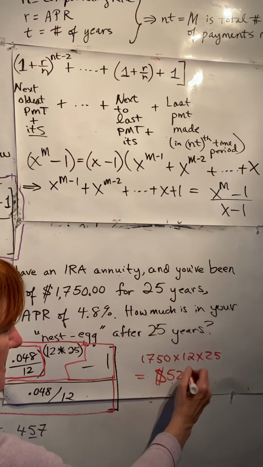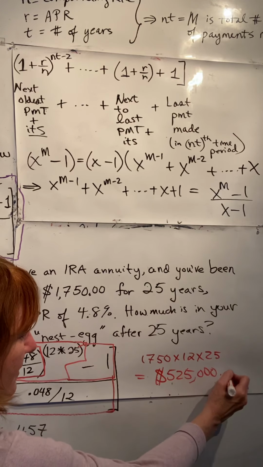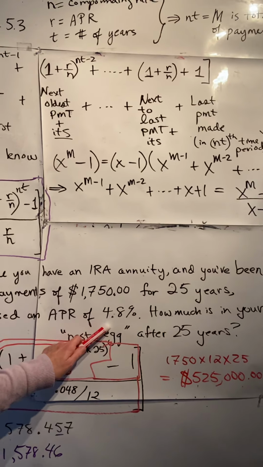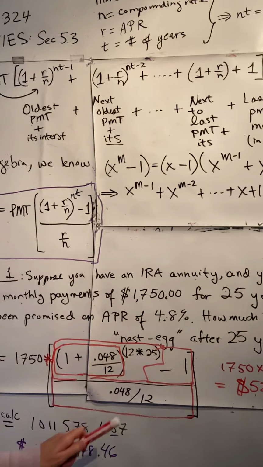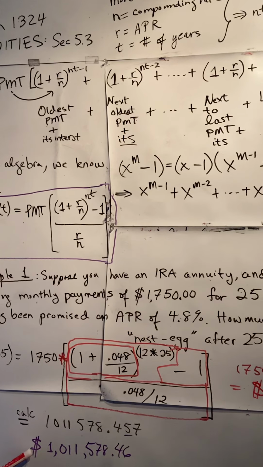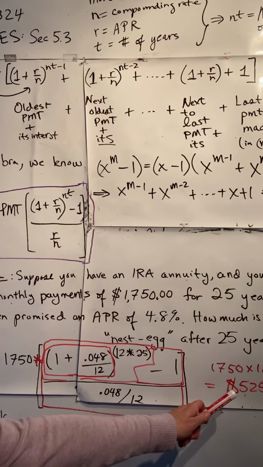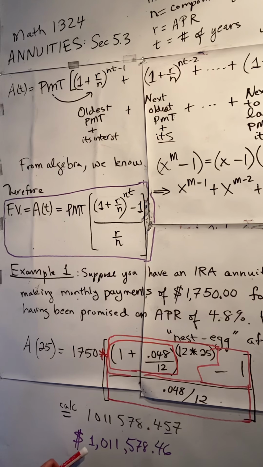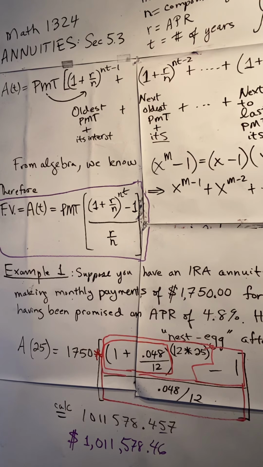The person holding this IRA, right? They put in $525,000. That's all they put in. Because that interest rate was 4.8%, instead of just being $525,000 or $500,000, it's over $1 million, right? And so how much was the interest?